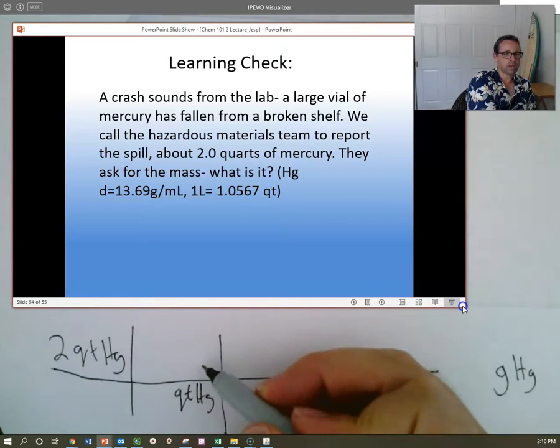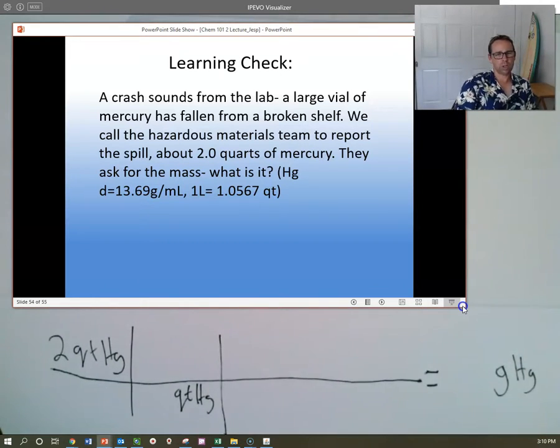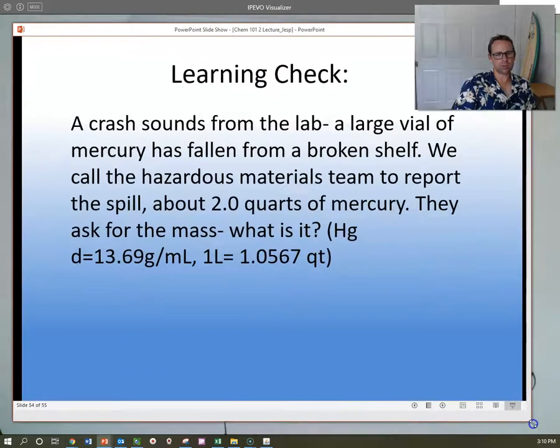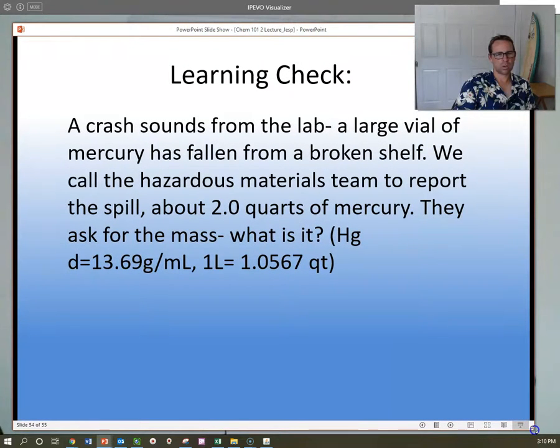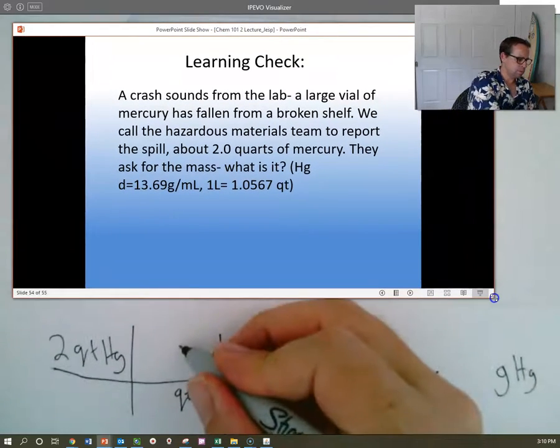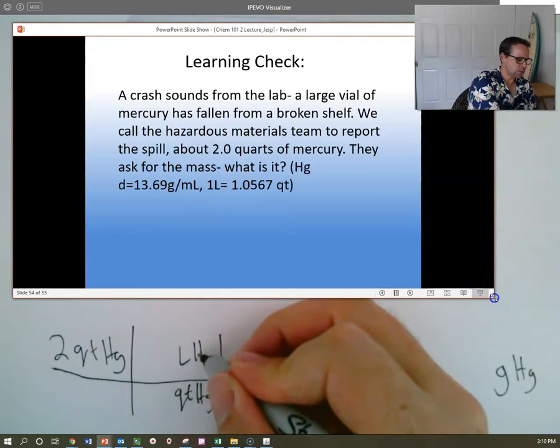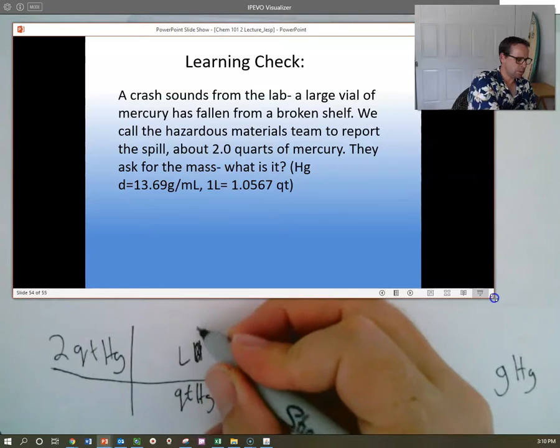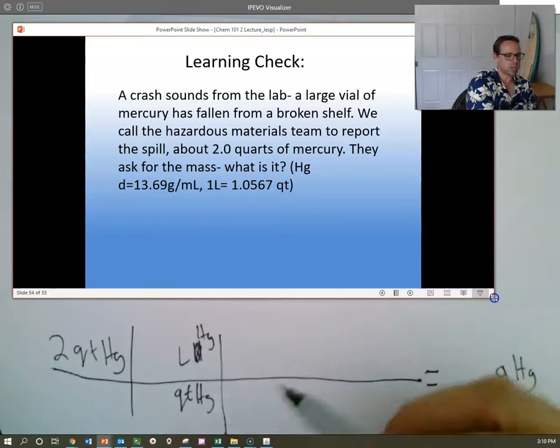And now we're going to convert that quarts to liters. What conversion factor can we use? Right. Liters. So yeah, we can write in there mercury, but it doesn't matter what it is.